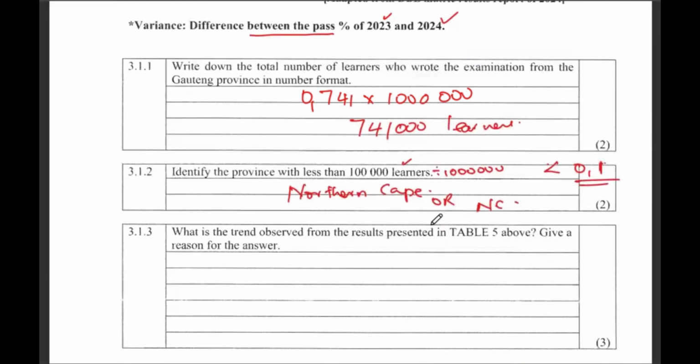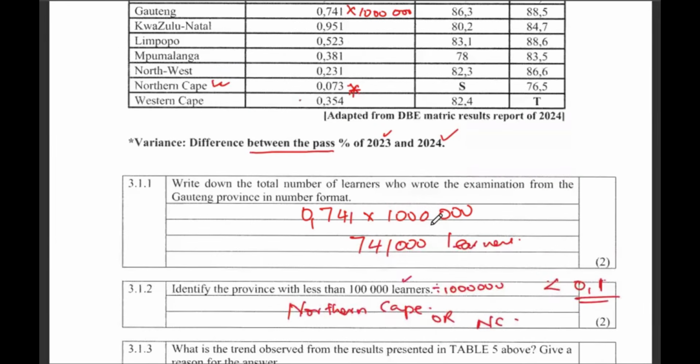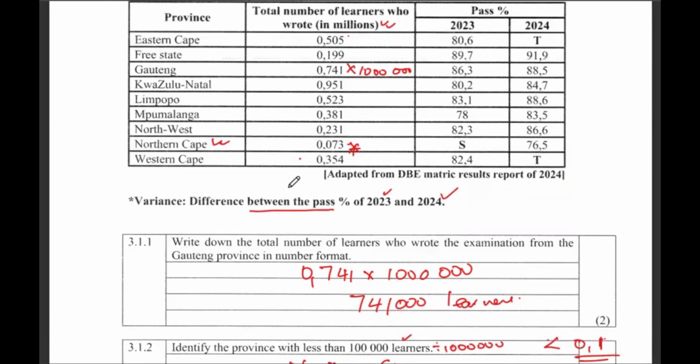Okay, so now what you observe is this is 80.6. This is a T, which we don't know. Okay, this is 89.7. This is 91, 86, 88, 80.2, 84, 83, 88. So when you look at it generally, the performance is improving.